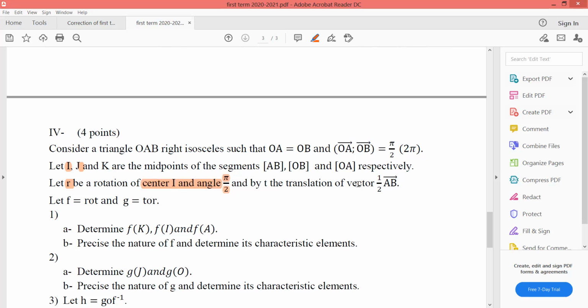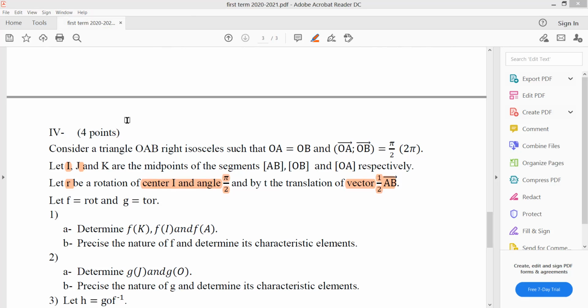T is a translation with vector half AB. So we have two types of transformations: a rotation with center I, angle pi over 2, and a translation by half AB, which means either AI or IB.